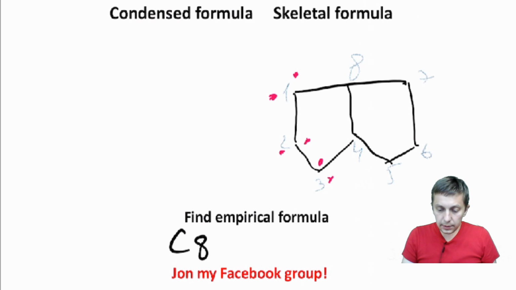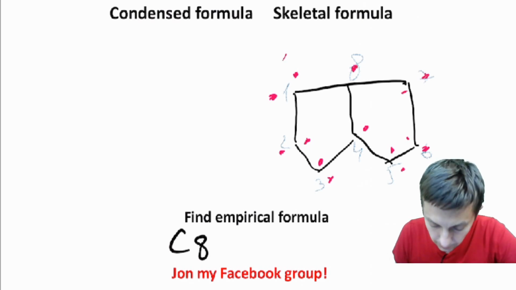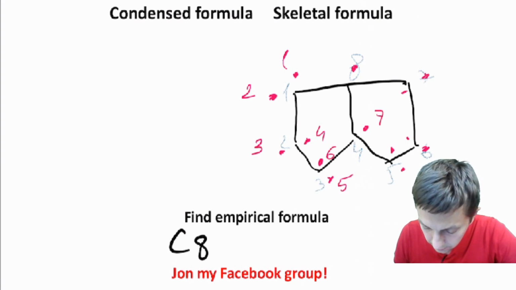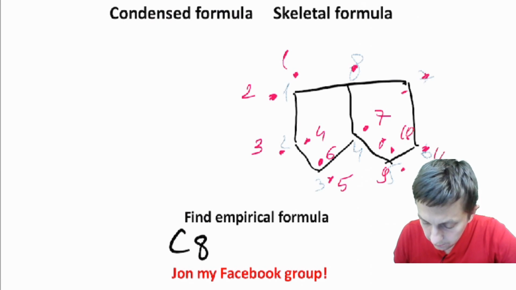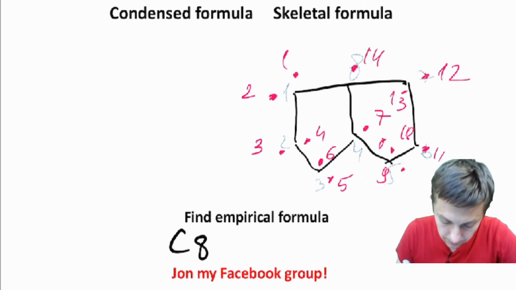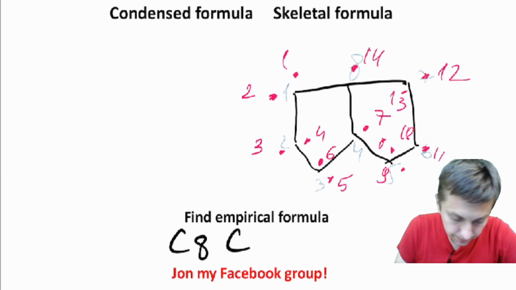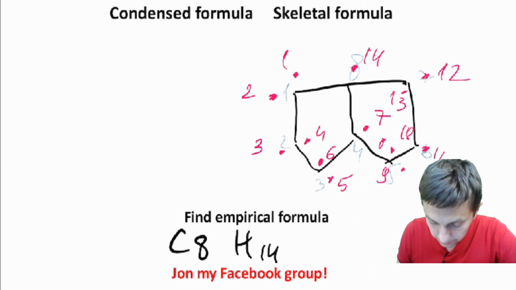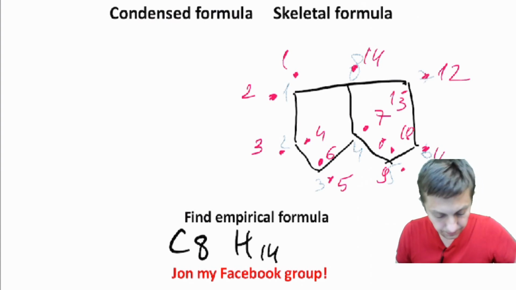And here 1, 2, 2, 2, and 1. So 1, 2, 3, 4, 5, 6, 7, 8, 9, 10, 11, 12, 13, 14. So C8, H14. Not bad.